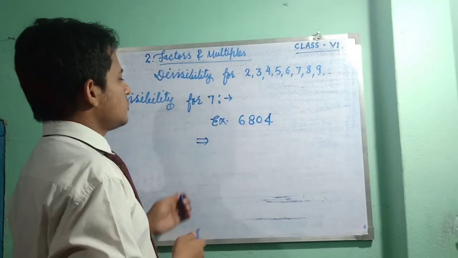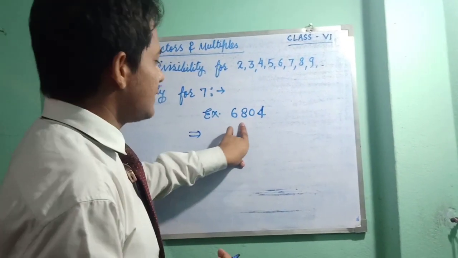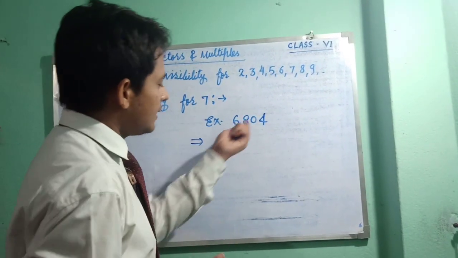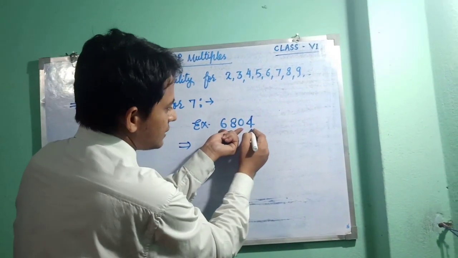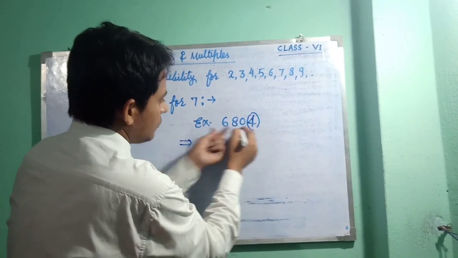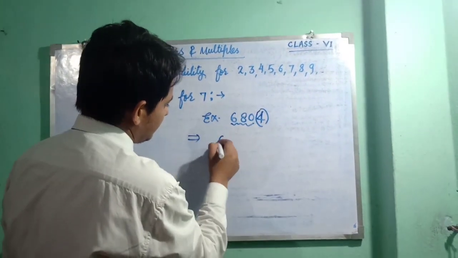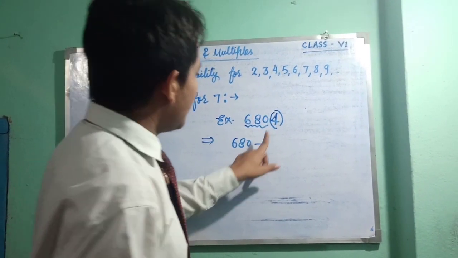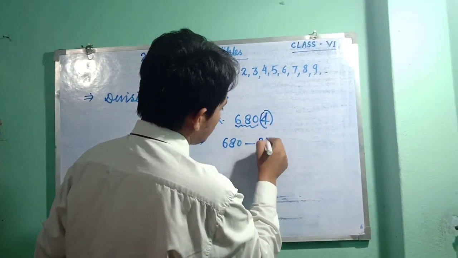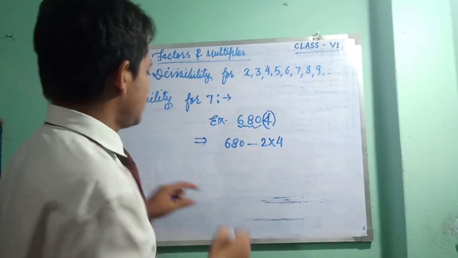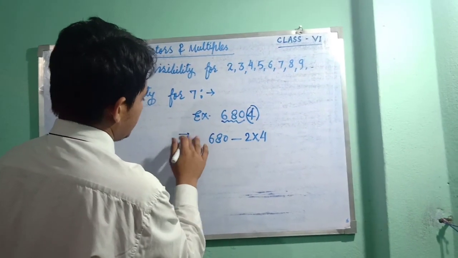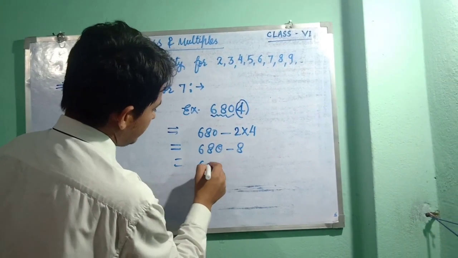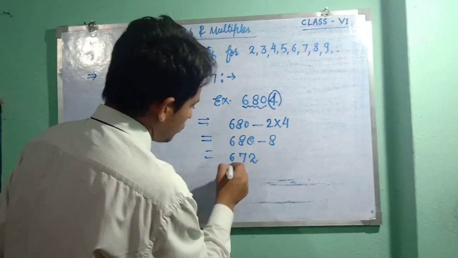So this is the number 6804. Okay, now see the difference between the number formed except the ones digit, here 680, and twice the ones digit. Difference means subtract. So this is 680 minus 8, which becomes 672. Now check if it is a multiple of 7.